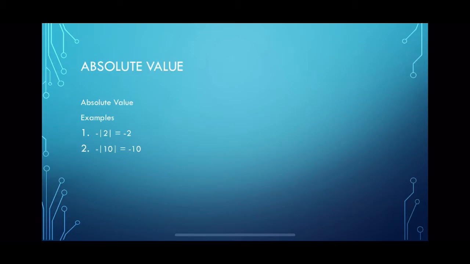So number 2, negative absolute value of 10 is equal to negative 10, because the absolute value of 10 is equal to 10, and we have the negative sign outside the absolute value sign, so it will become negative 10.